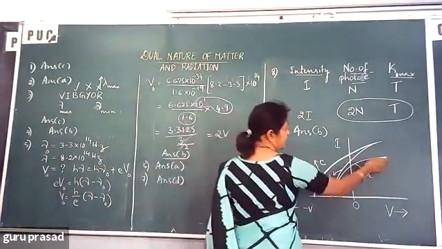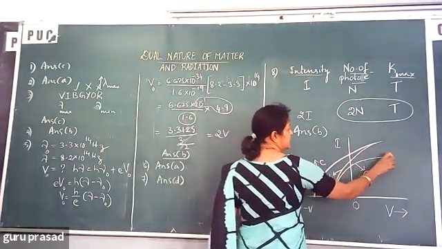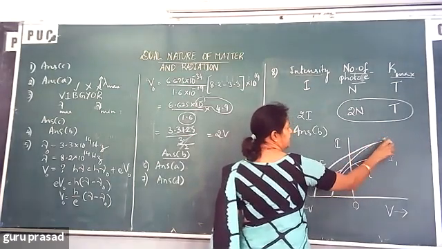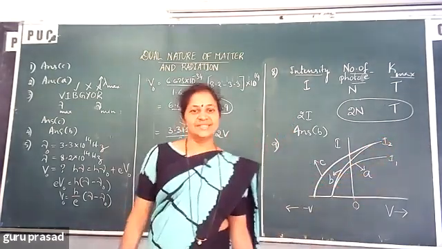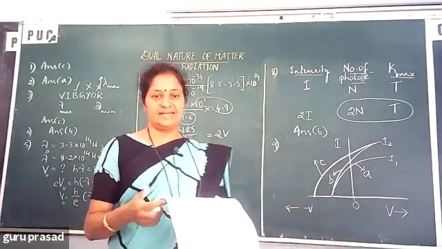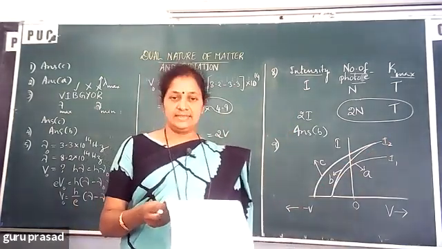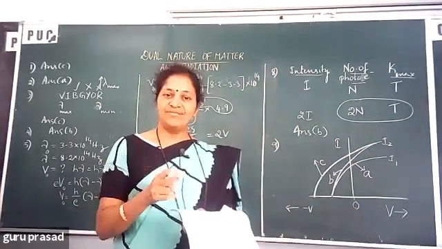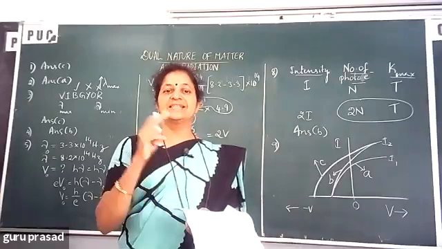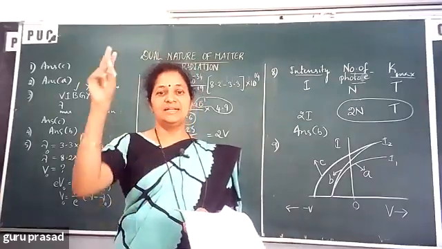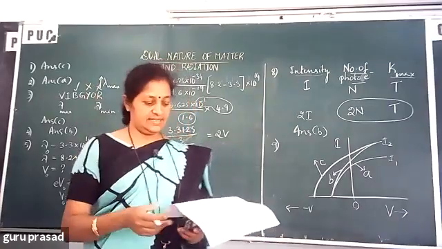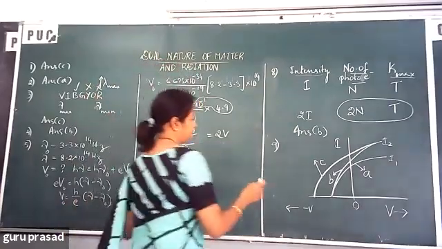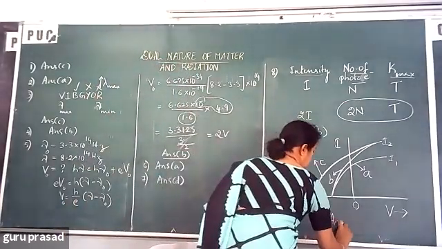Of course, they are deviated here. See, this is one intensity I1, this is another intensity I2. Is it clear? So that is the correct answer. Both have same frequency, same energy, same stopping potential, but different intensities. So option A. Answer A.